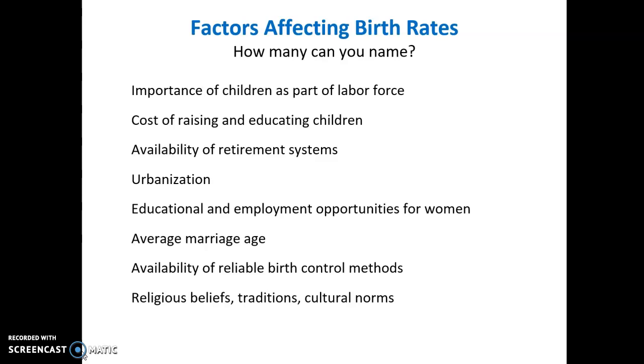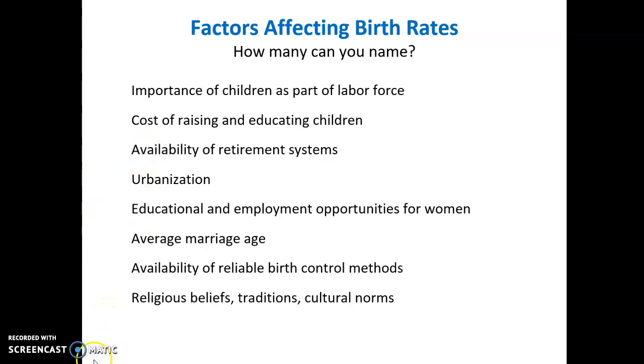So the younger, the more children. The availability of reliable birth control methods is also very critical to the number of births. And last but certainly not least, religious beliefs, traditions, and cultural norms all can either raise or lower, more typically raise birth rates. And many of these overlap, of course.